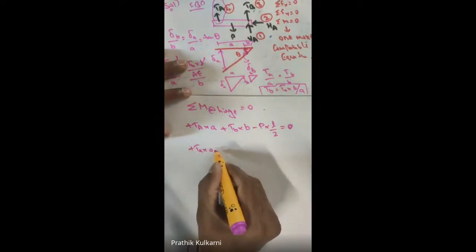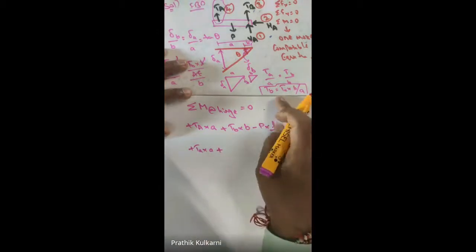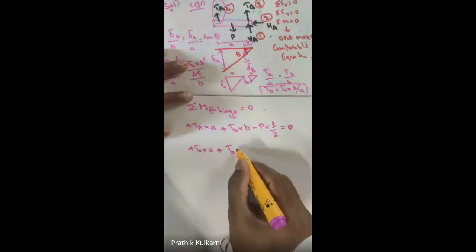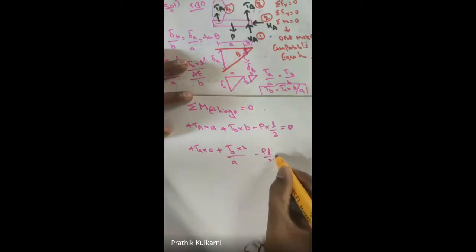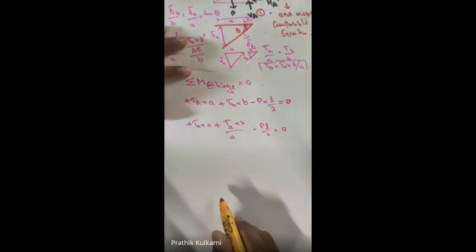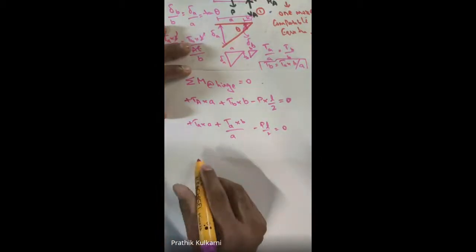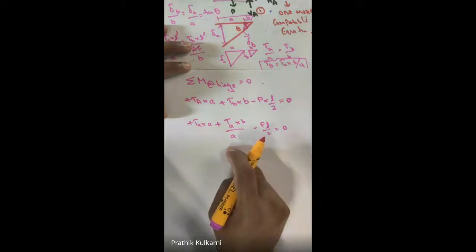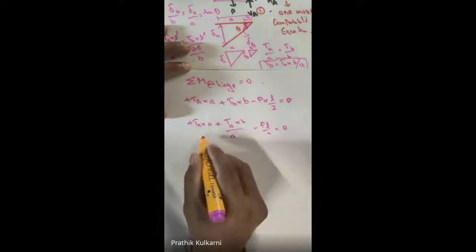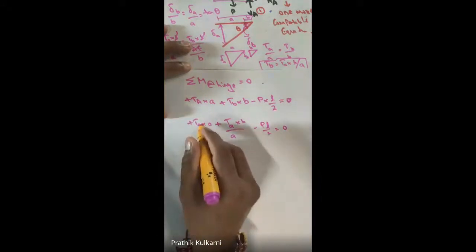Now we have plus TA into a plus TB. TB can I write in terms of TA, which is equal to TA into b by a, minus Pl by 2 should be equal to 0, yes or no? So from here if you want to calculate, I can calculate my TA value, yes or no. If you want to calculate TA, then take an LCM of this one.